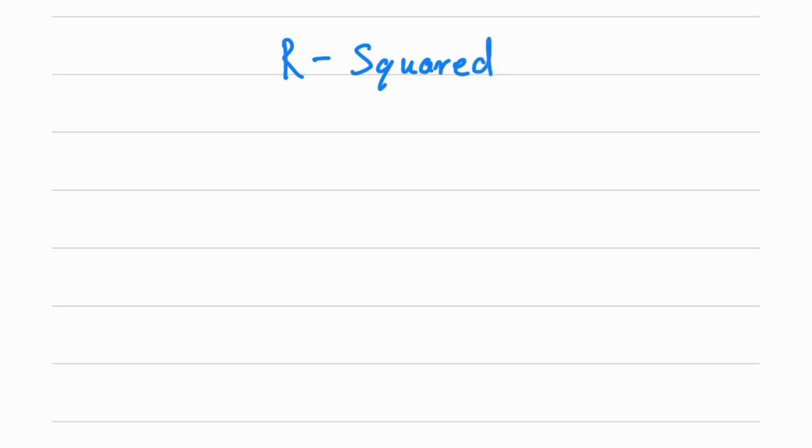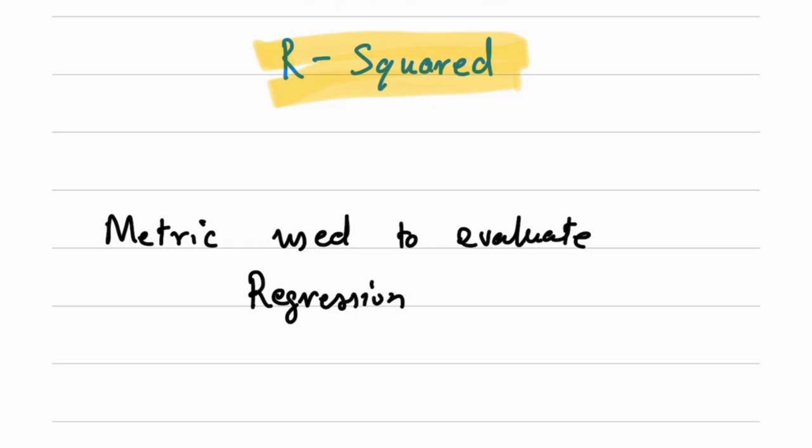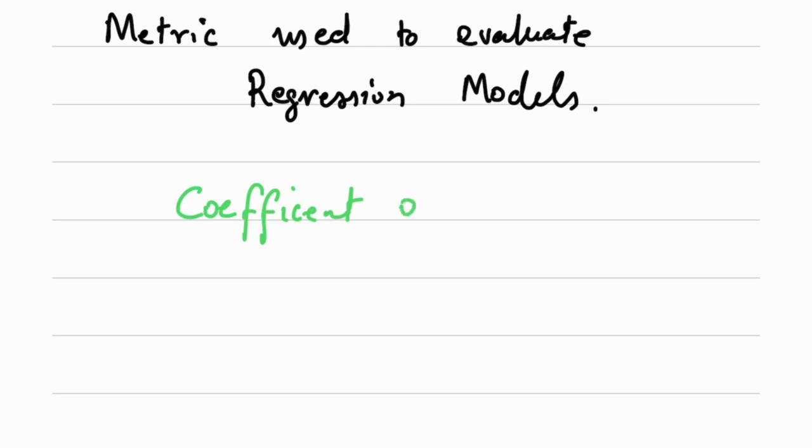Let's understand the regression metric called R square. R square is the metric used to evaluate regression models. It is also called coefficient of determination.